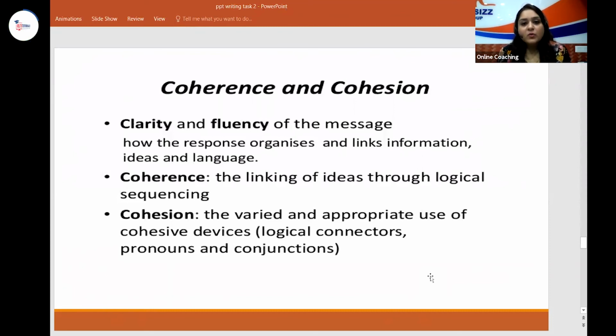And clarity and fluency is also important. How clear your message is, how fluent your message is, how the response organizes the linked information, ideas, and language. So coherence is completely about the logical connectivity of your thoughts one by one, including the examples also. And cohesion is you are adding the cohesive devices in order to connect one idea to the other.